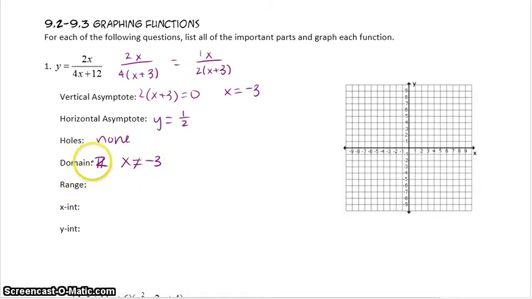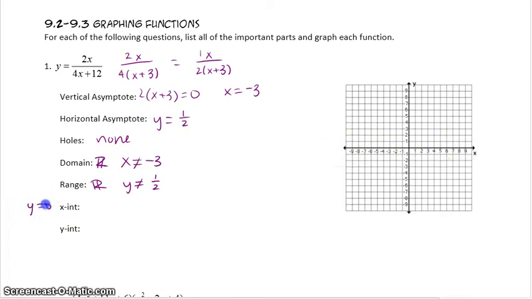And for a range, it's the same thing. We can have all real numbers, but since we have a horizontal asymptote of 1/2, our y value cannot equal 1/2.